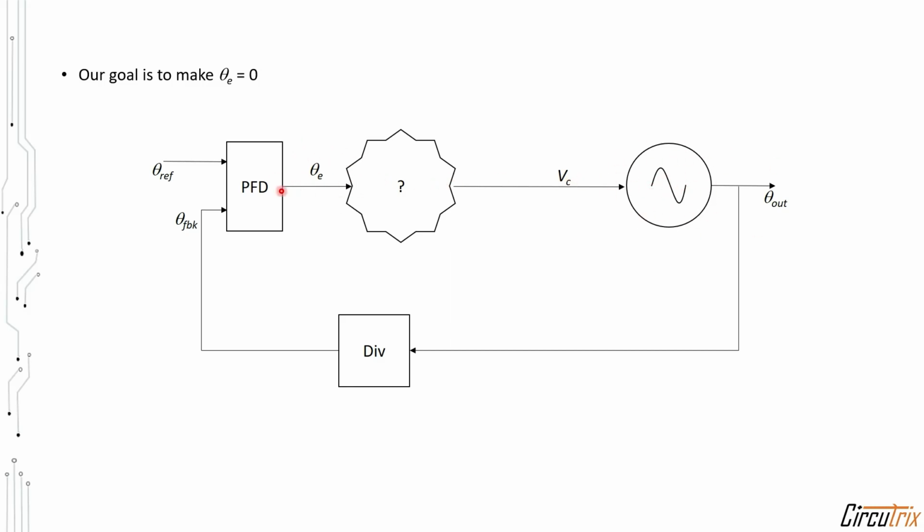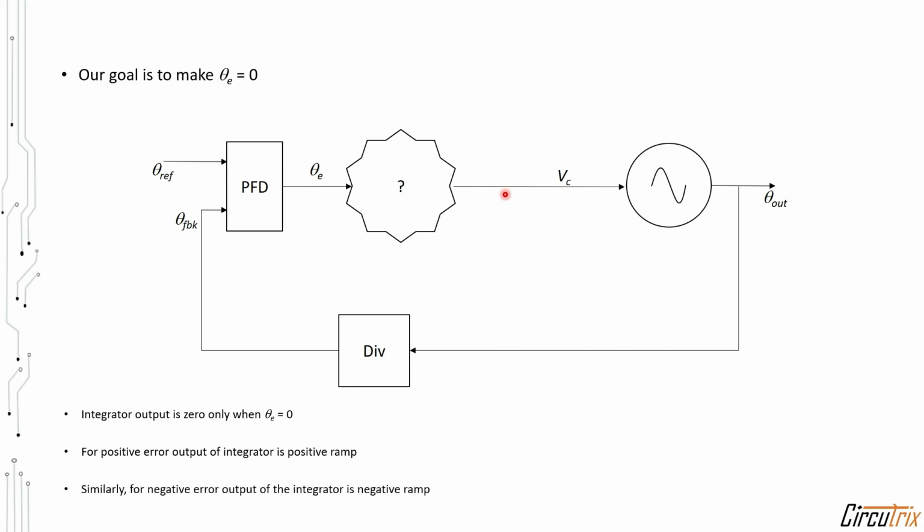Similarly, when I have a negative error, I need to reduce this voltage in order to reduce the frequency of the VCO. So I need to add an integrator, because an integrator gives output 0 only when the input is 0. If the input is a positive constant value, then the output will be a ramp with a positive slope, and if the input is a negative constant value, then the output will be a ramp with a negative slope.